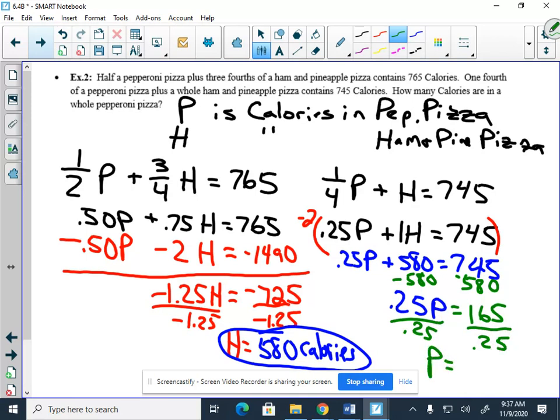And should be like 660, I think. 660 calories in the pepperoni pizza. Pretty good there? Oh, yeah.